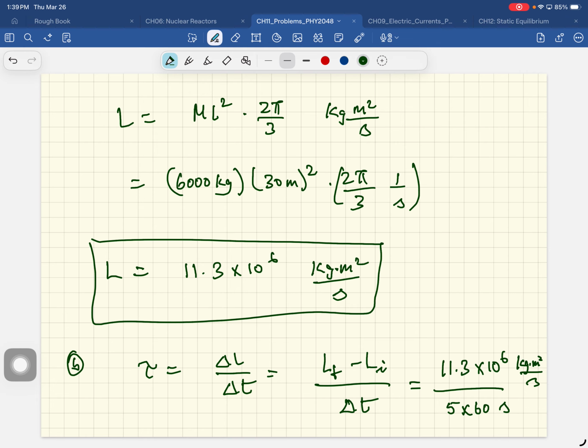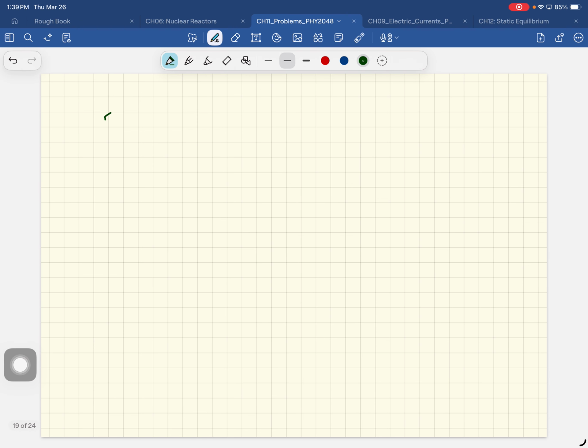So the initial angular momentum is just the angular momentum of the boy, which is his linear momentum times this distance, the moment arm. So it's 0 for the merry-go-round plus mass of the boy times velocity of the boy times the radius of the merry-go-round. It's this momentum times the moment arm. That's what it boils down to.